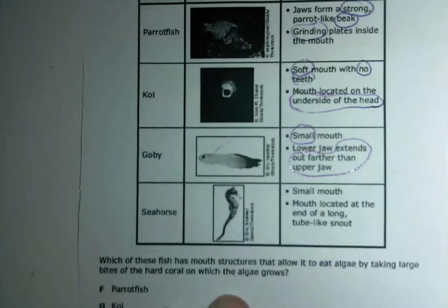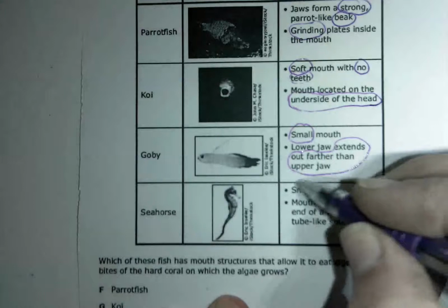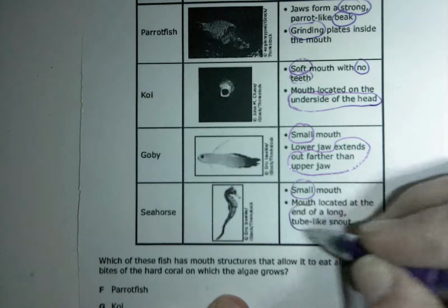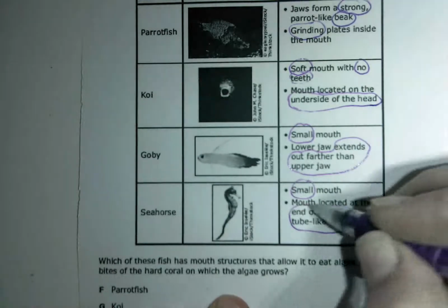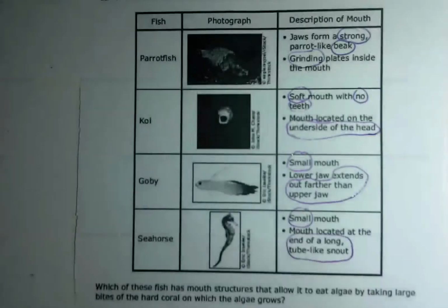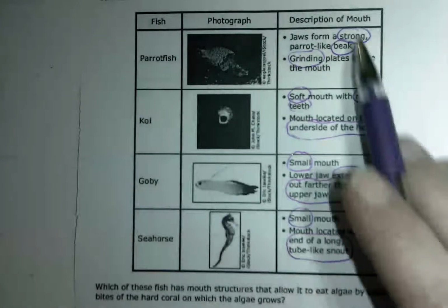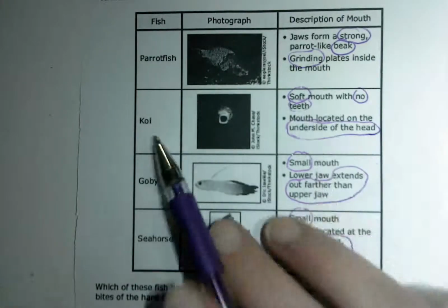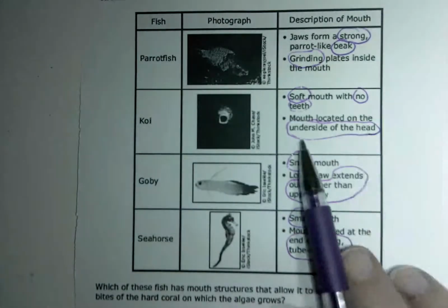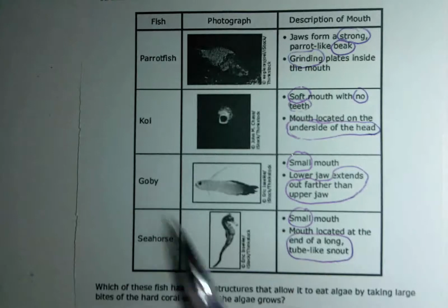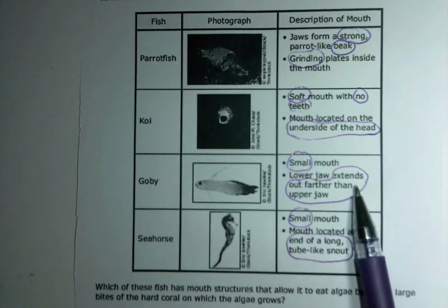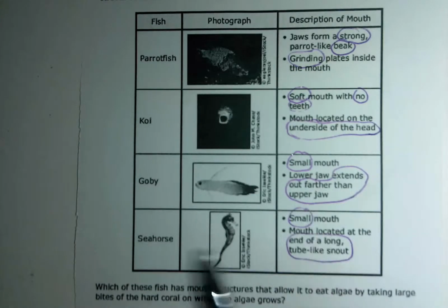And then the seahorse says that it has a small mouth and is located on the end of a long tube-like snout. So our parrotfish, strong beak, grinding; koi, soft, no teeth, underside of head; goby, small, extends out further than upper jaw; and seahorse, small, end of long tube-like snout. So that's our descriptors that tell us about those mouths.